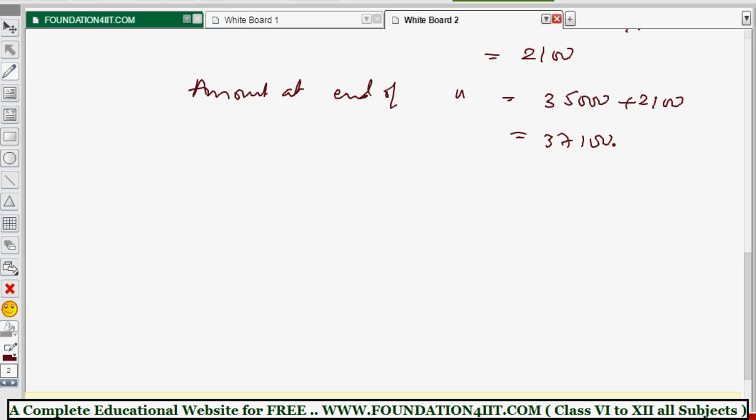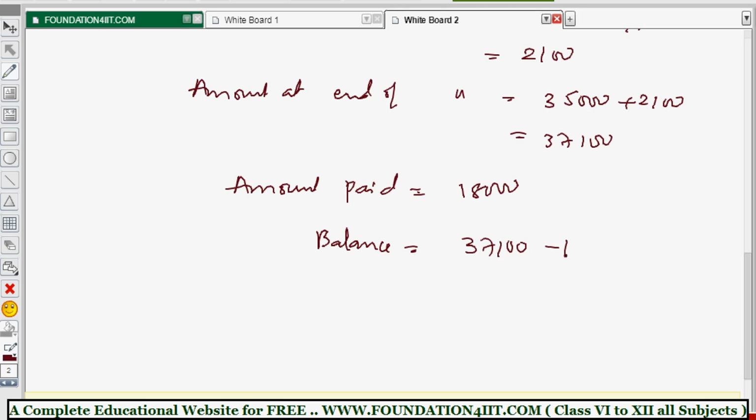Now from this, again the amount paid is the same, that is 18,000. So balance is 37,100 minus 18,000, right? That balance is 19,100.